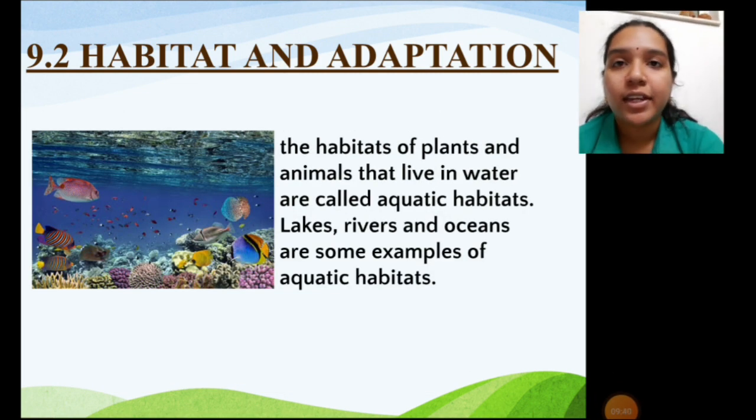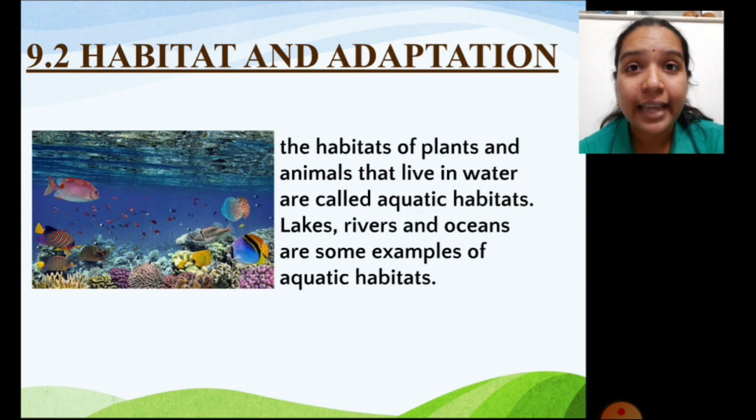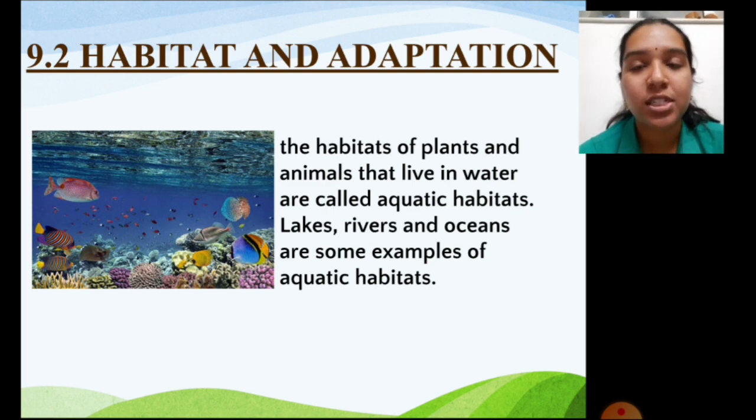And those living organisms which live in water are called aquatic organisms, and their habitat is known as aquatic habitat. Examples of aquatic habitat are lakes, rivers, ponds, oceans, etc.